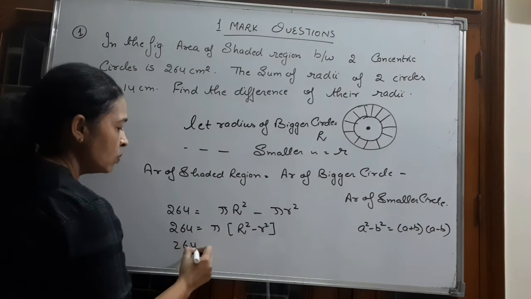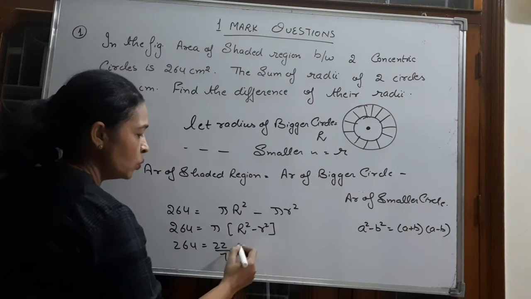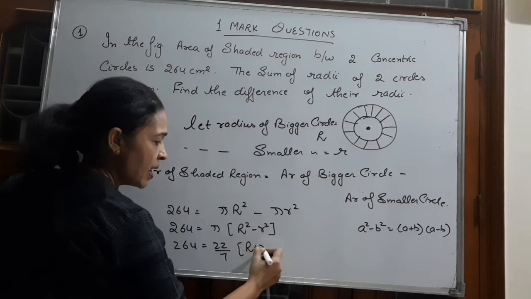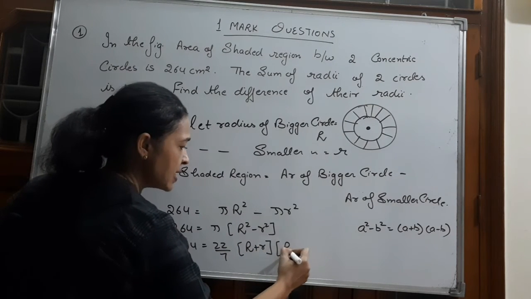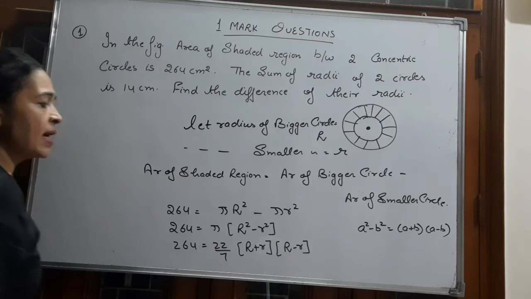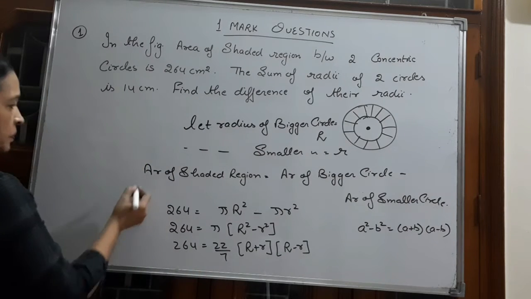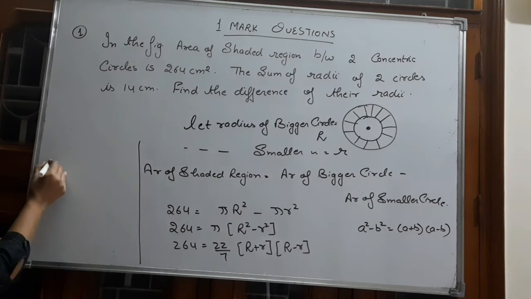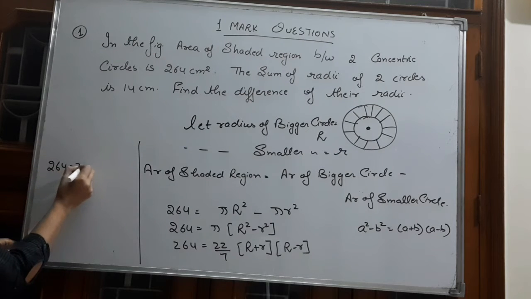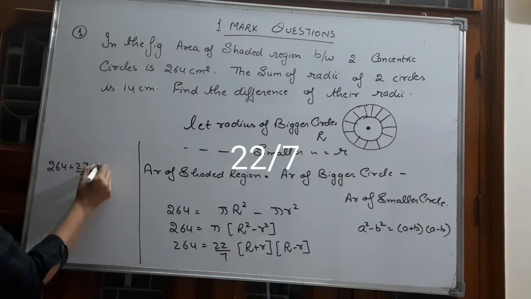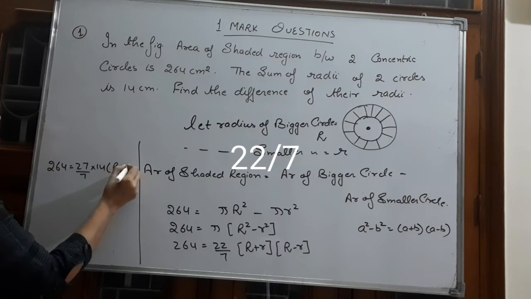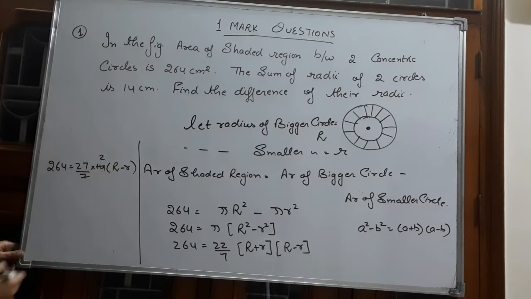Now 264 equals 22 by 7 into R plus r and R minus r. R plus r is given, that is 14. So 264 equals 22 by 7 into 14 into R minus r. 7 2s are 14.